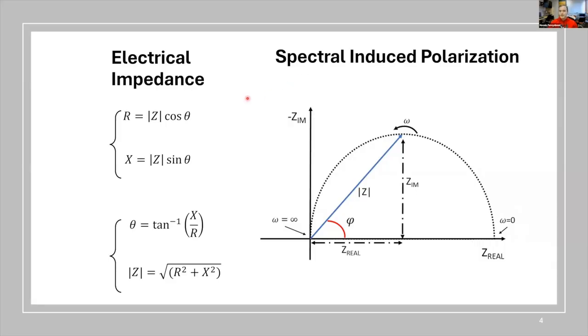So by measuring impedance at different frequencies, we have SIP, or spectral induced polarization. And by having the phase angle and the impedance or SIP magnitude at each of these frequencies, we can calculate the imaginary part and the real part.